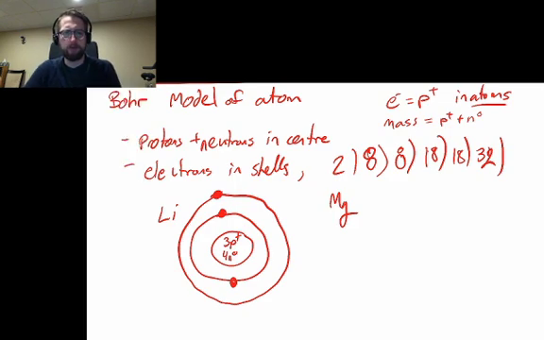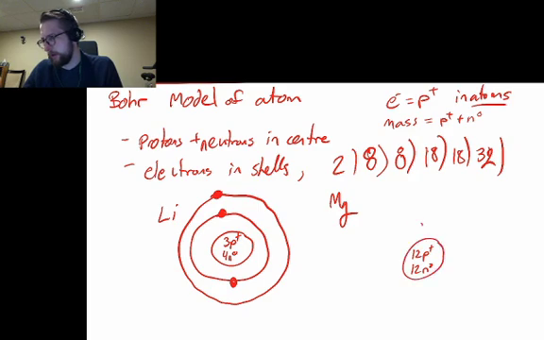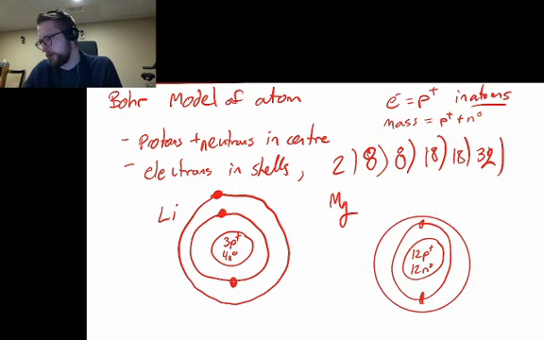No, thank you. Okay, so yeah, let's do magnesium. Magnesium has 12 protons and 12 neutrons. So we would have 1 and 2, and then 1, 3, 4, 5, 6, 7, 8.